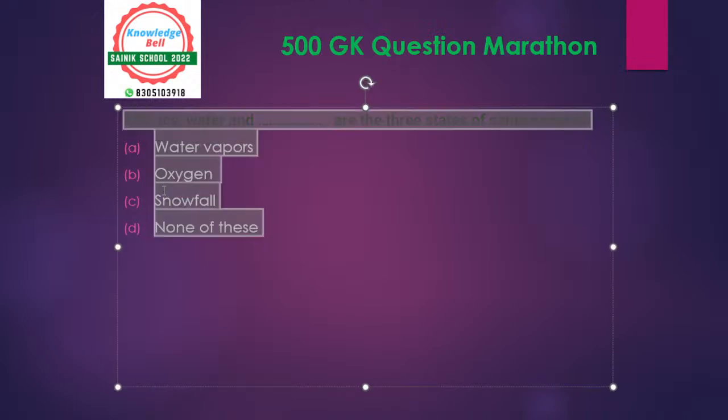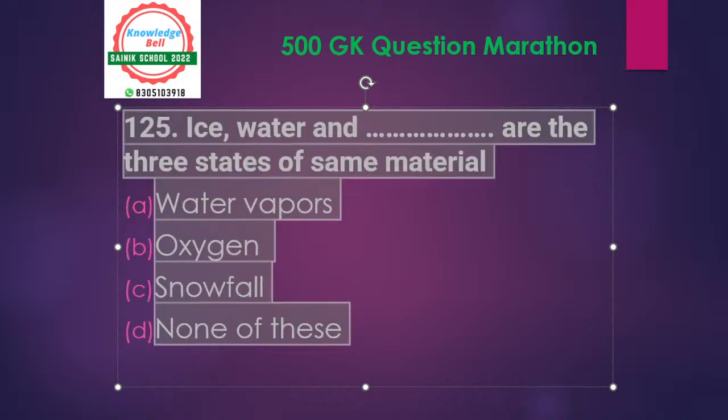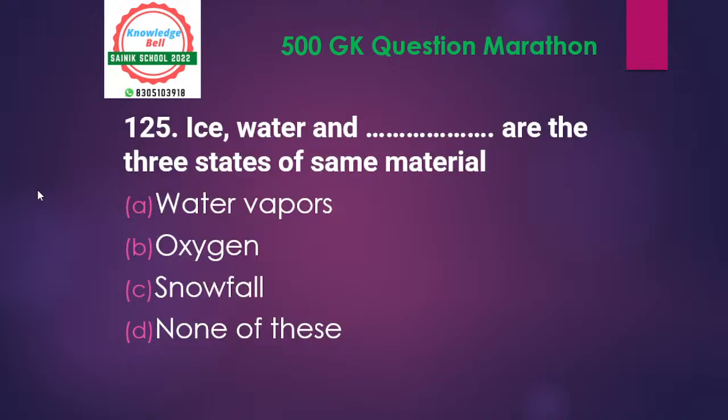The next question: ice, water, and water vapors are the three states of the same material. None of these will not be the answer, D will not be the answer.